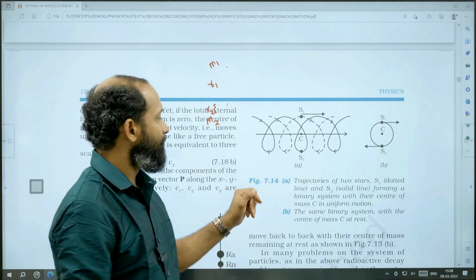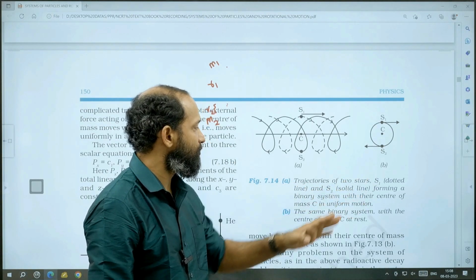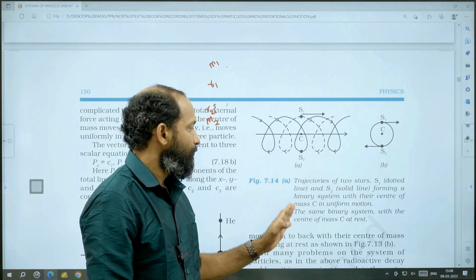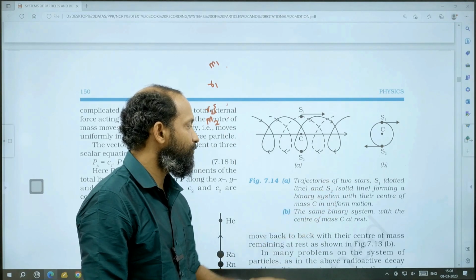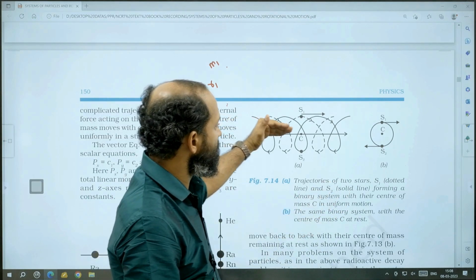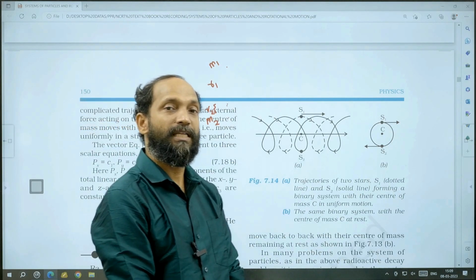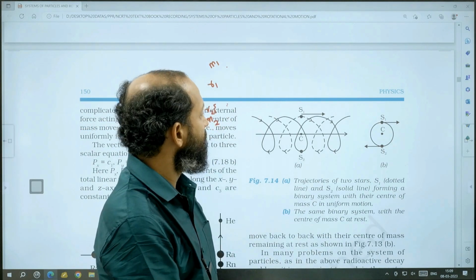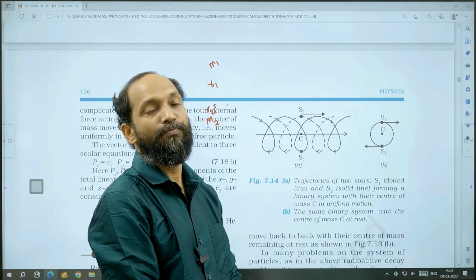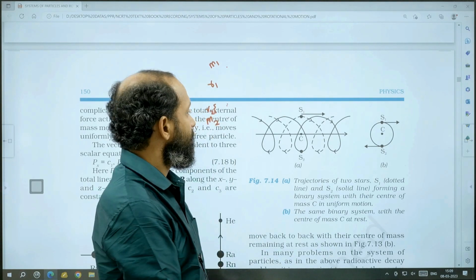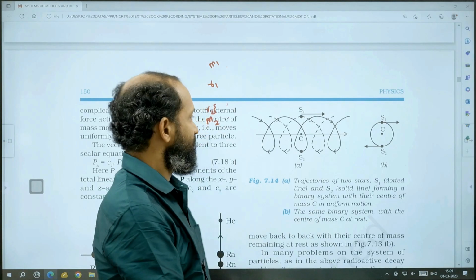Here, in the first picture, are the trajectories of two stars S1 and S2 forming a binary system. Their center of mass is in uniform motion. So when you see from an external or laboratory frame, you will notice the center of mass moving with constant velocity in a straight line.